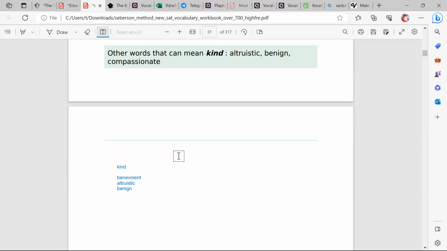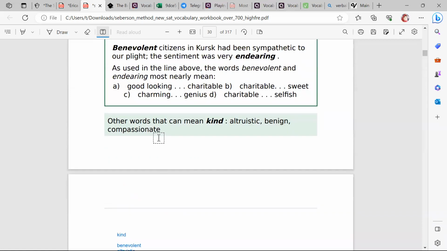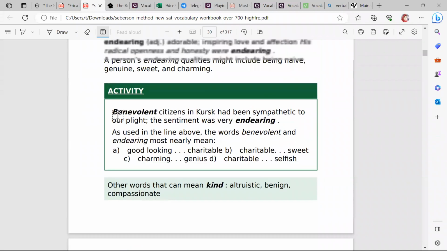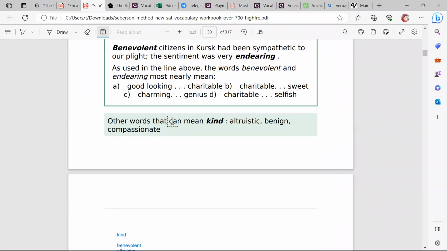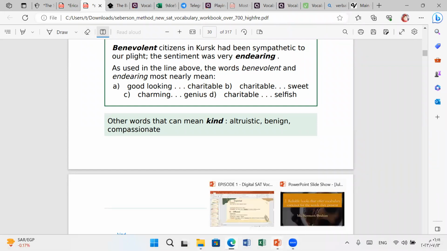And you can put them even into a sentence of your own. So this is the second method. And you can put them into flashcards as well, and I'm going to talk about that now.